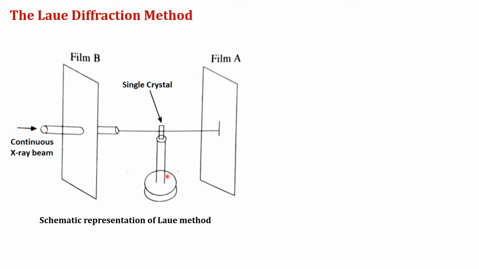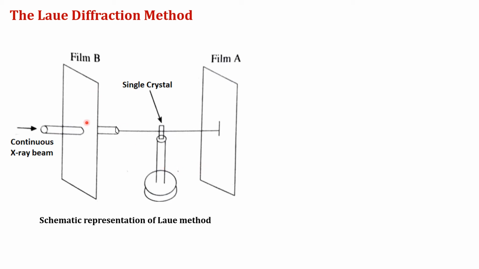Here the separation between the crystal and the film is very small, that is 3 to 5 centimeters, so that the number of reflections intercepted on the film goes on increasing and it reduces the exposure time.